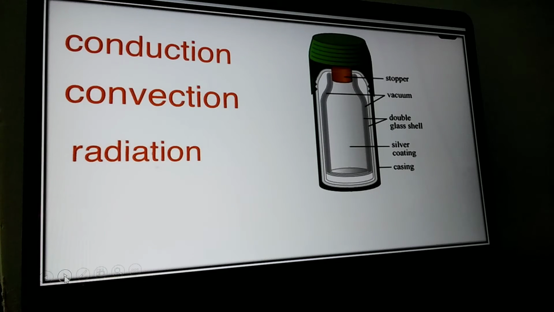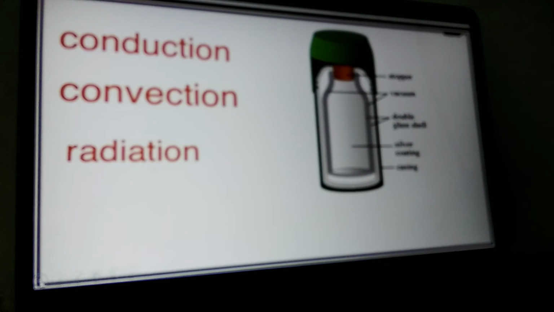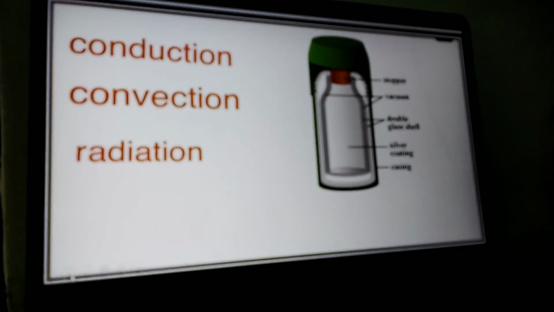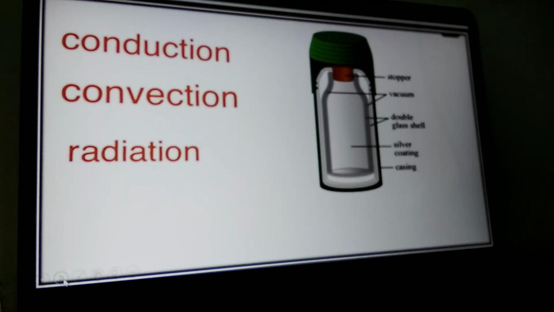How is it possible? Now, coming to the day-to-day applications, a thermos flask undergoes all the three modes of heat transfer. A thermos flask is used to keep hot liquids hot and cold liquids cold for a long period of time.